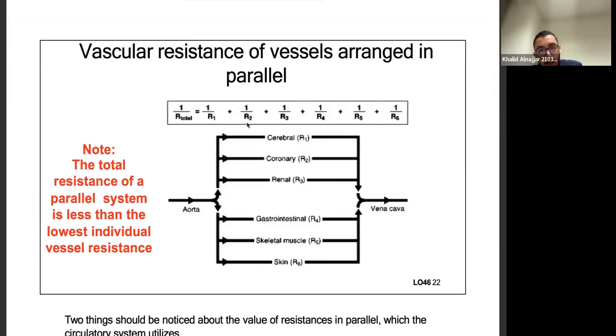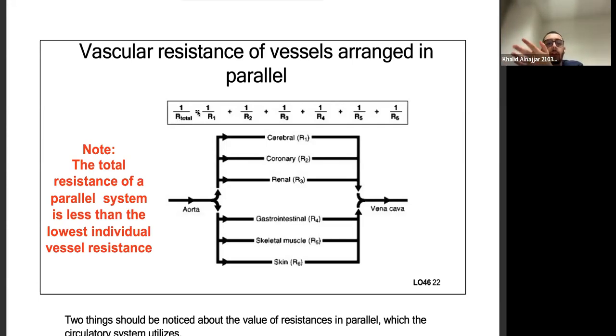R1 has a very high resistance, R2 has a very high resistance, R3 has a very high resistance. Each one of them is a capillary. But because you're adding 1 over each very high resistance, you end up with 1 over the total of all of these. This is why the addition of all of these very high resistances will end up with a very low resistance. And this explains the capillaries and the arterioles system.